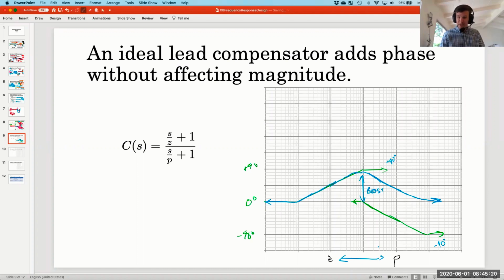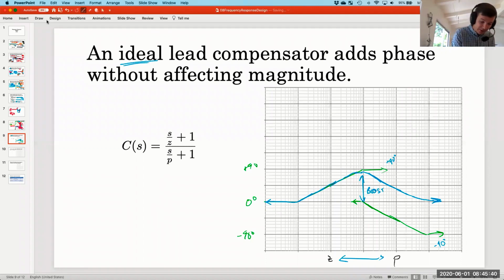Let's talk about magnitude, because everything I've said on this slide has to be talking about ideal compensators. The ideal is if you could just have the phase benefits without the magnitude consequences. So let's talk about the magnitude consequences.